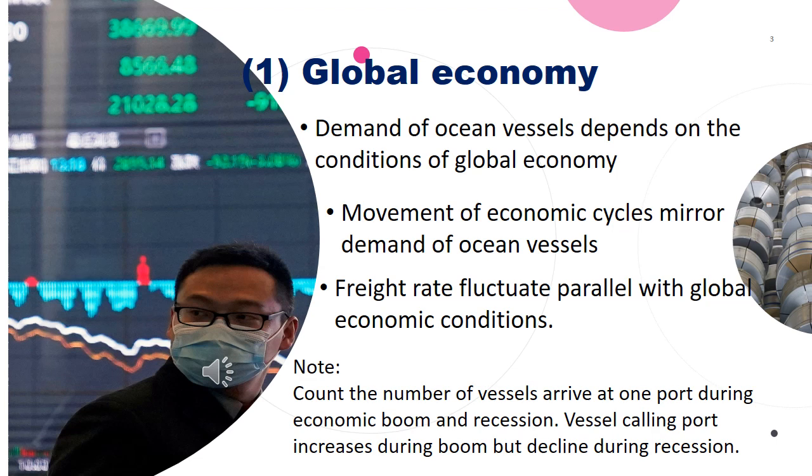The world economy generates most of the demand for ocean transport. This ocean transport is used to carry many raw materials for manufacturing purposes or finished products which will be used or consumed by the consumers.